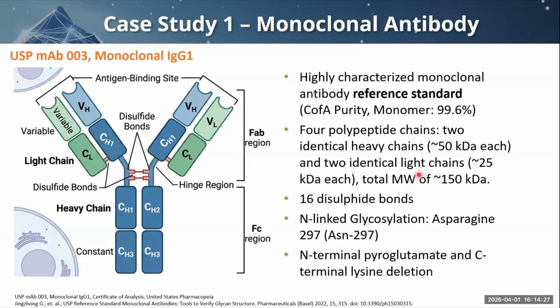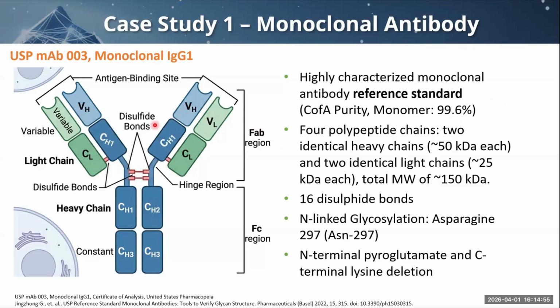So the first case study I want to present on is a monoclonal antibody, our simplest case in this presentation. It's the USB3 mAb. It's a highly characterized antibody reference standard with a certificate of analysis purity reporting 99.6%. This is sort of a proof of concept that our method works. So we chose something that is highly characterized.